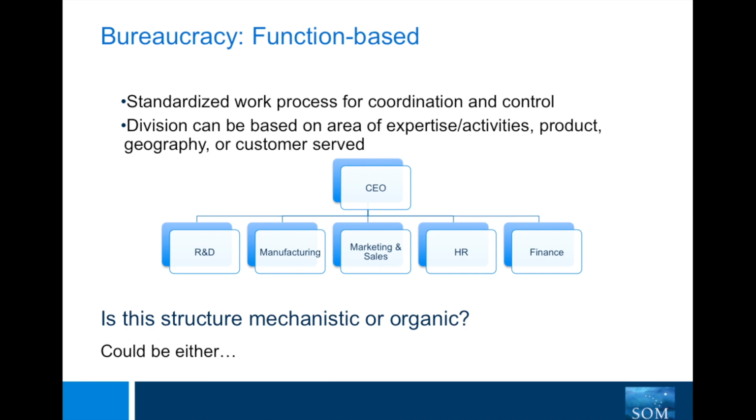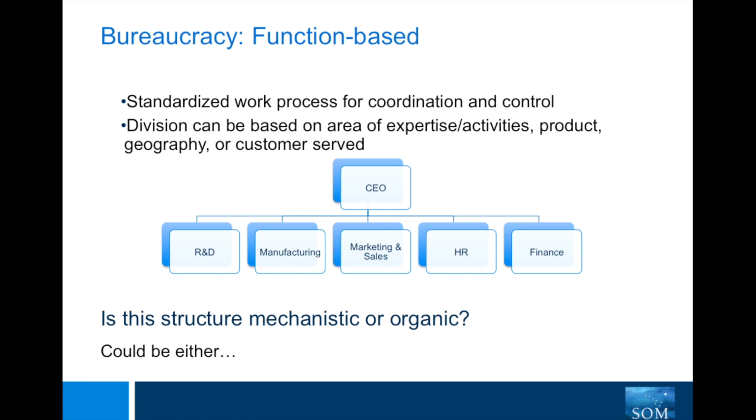Then there's the bureaucracy. Bureaucracies have division of labor. Oftentimes, specialization occurs, and sometimes the departmentalization is based on function. This is an example here where it's based on function.